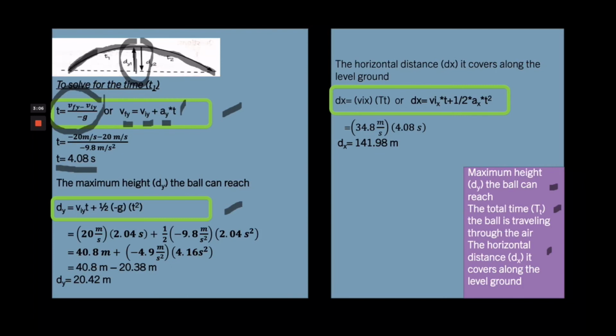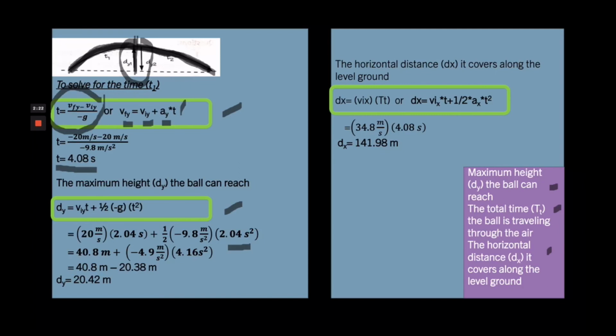So the time we need is just half of the total time. So that is why it is 2.04 seconds here. Again, we're only looking for the displacement y, it's the highest peak, and before the ball reached its highest peak, it would only take half of the time before it reached the ground. So please take note of this in finding our peak height, or in finding the displacement for the y component. We just need to use half of the total time.